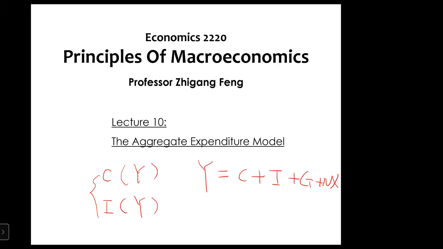In simplified terms, with no NX and G fixed, GDP is going to be determined by C and I. So this is from the demand side.